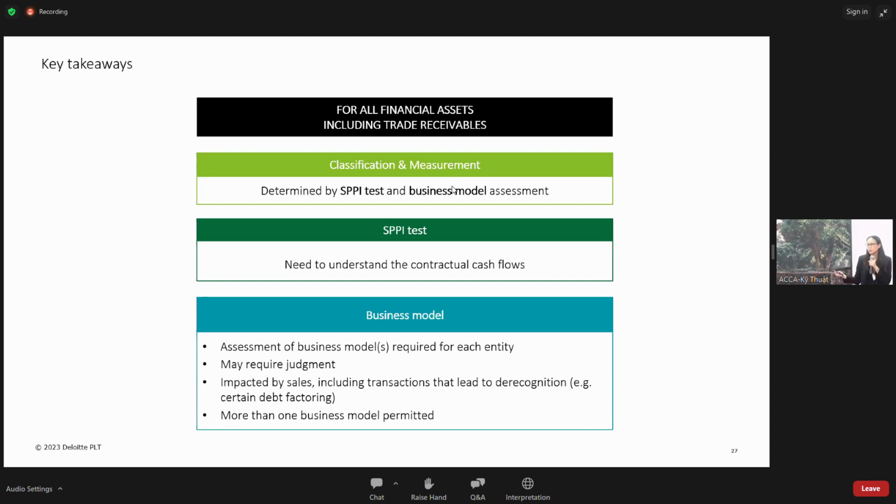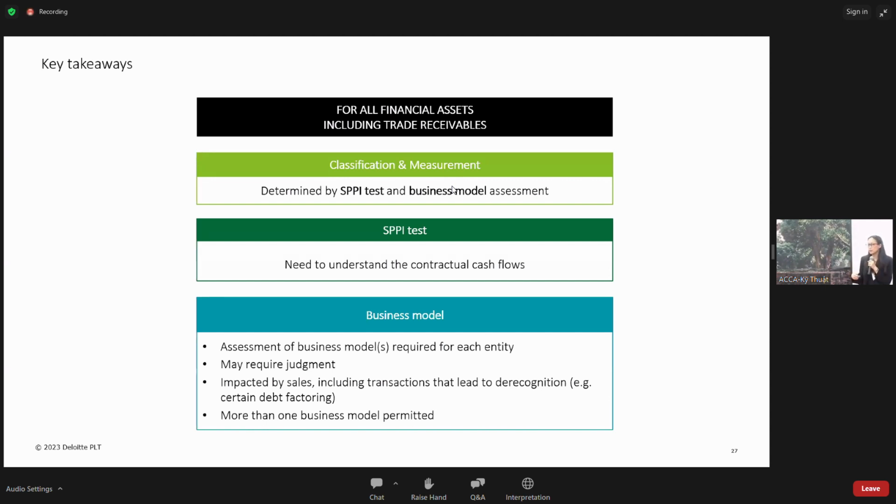It could be a deemed sale. And that is where your business model gets affected. Then more than one business model is permitted. So this is really where the companies will have to sit down and assess how they are going to document the policy for all types of financial instruments that they have so that they will do the classification accordingly.